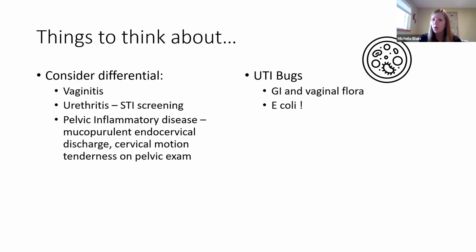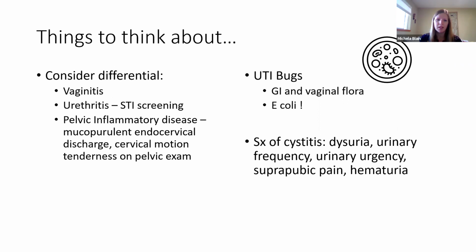So E. coli far and away is one of our most common offenders, and you definitely want to be covering E. coli. What are the symptoms of cystitis? You want to ask about dysuria, urinary frequency, urinary urgency, suprapubic pain, and some people can have hematuria. That's not as common, but it's definitely a symptom that we see.